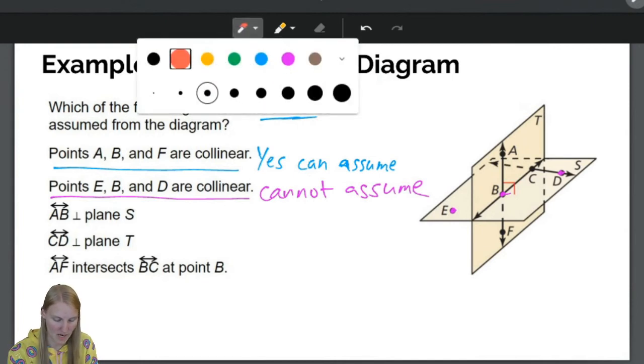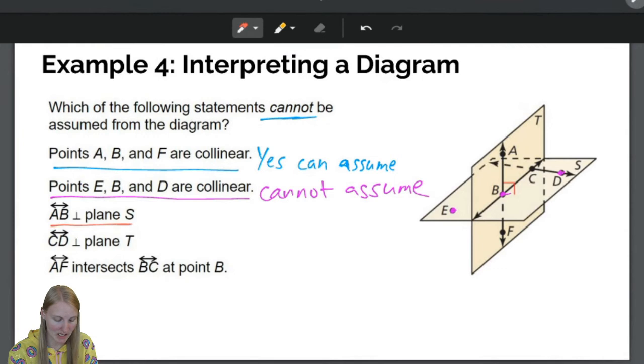Okay. Next, is line AB perpendicular to plane S? Line AB is right here. Is this perpendicular to plane S? And let's see, plane S is this plane right here.